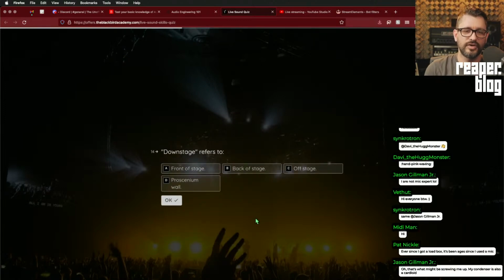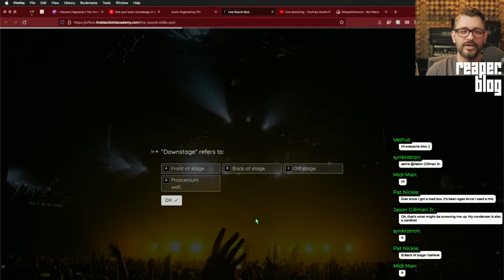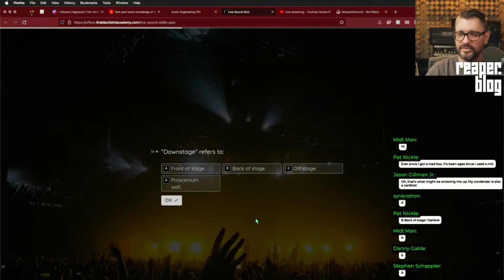Downstage refers to front of stage, back of stage, off stage, proscenium wall. I don't even know what that means. But downstage is the front or the back or off. And I believe this is one that's always been confusing to me whenever I learned it. I think I learned this in high school originally, but it definitely came up in the live sound classes.